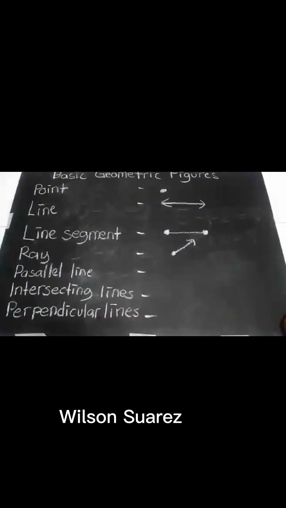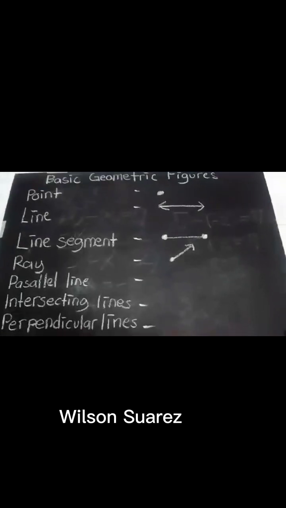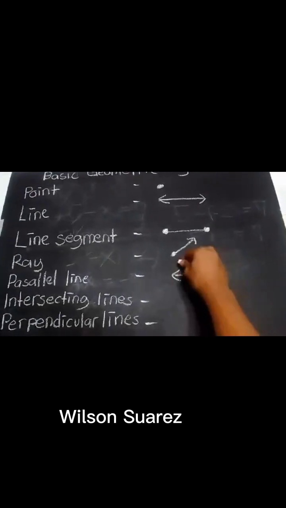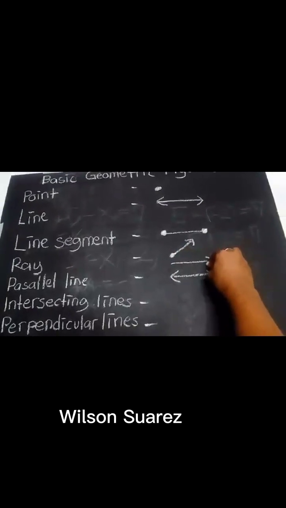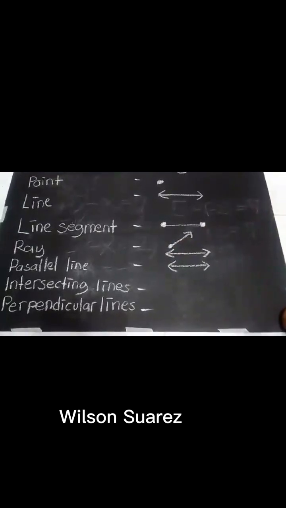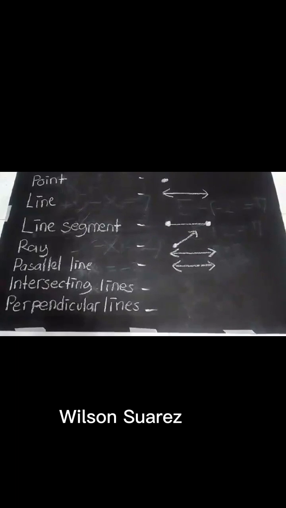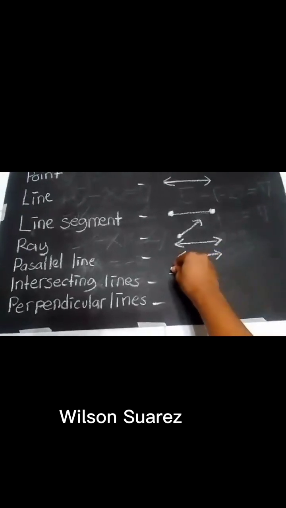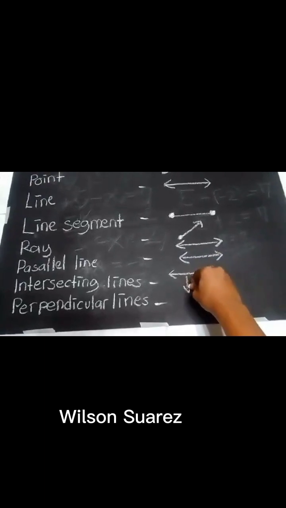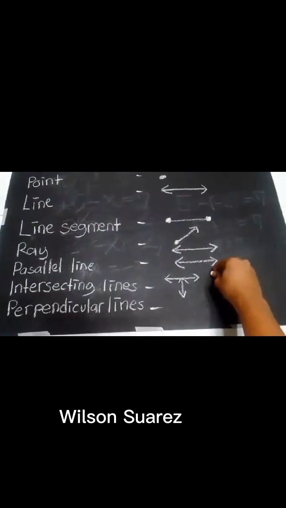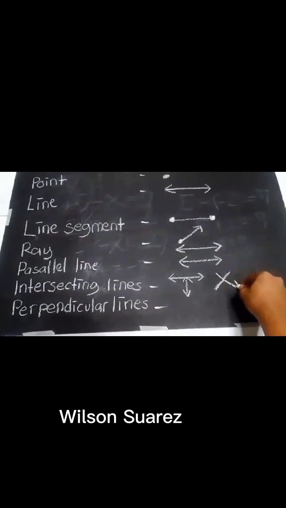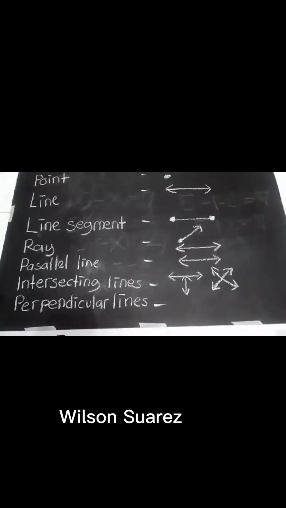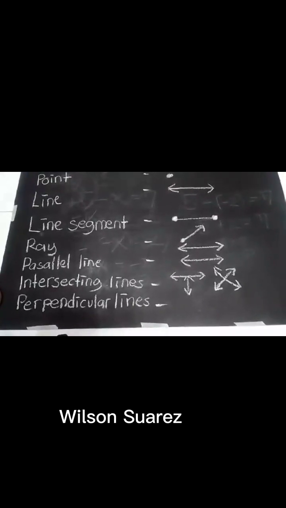Next is parallel line. And the next is intersecting line. And the last is perpendicular line.